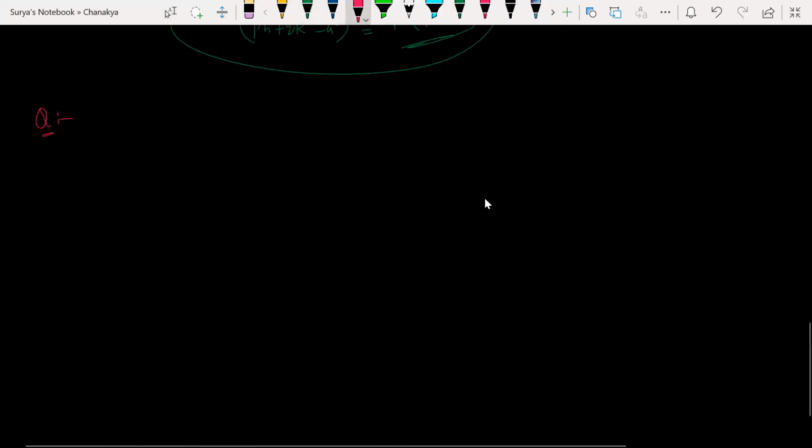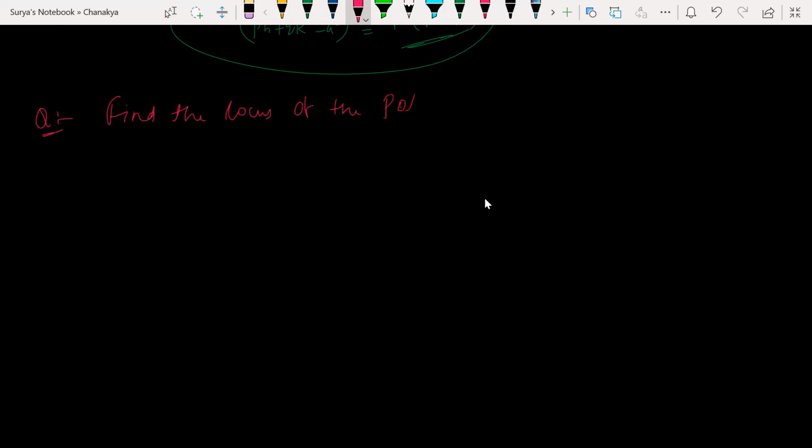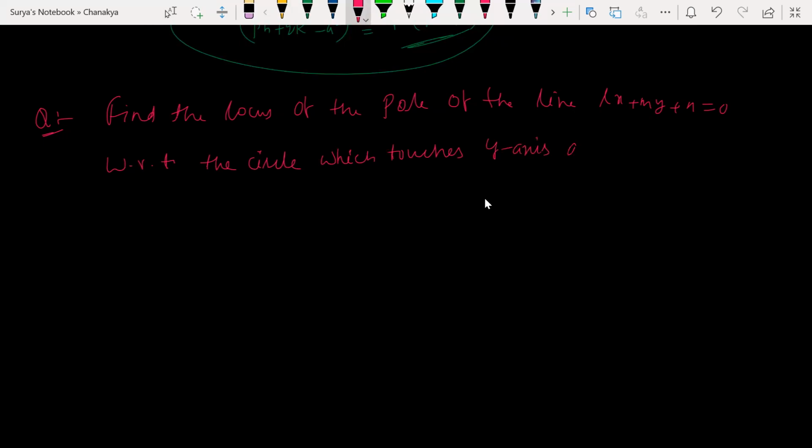I'm going to give a question. Find the locus of the pole of the line Lx plus my plus n is equal to 0 with respect to the circle which touches the y-axis at the origin.